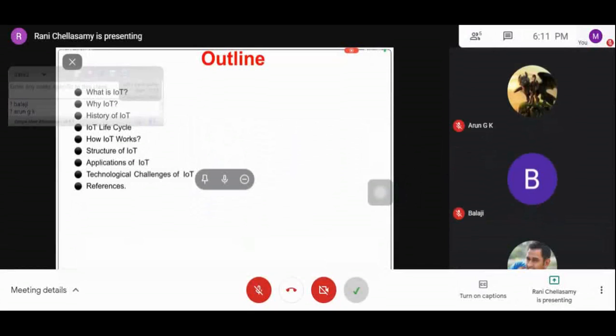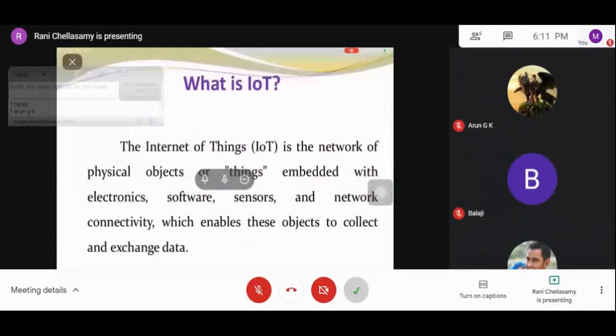So what is meant by IoT? Internet of Things is going to be connected devices. Connected devices will form the network.